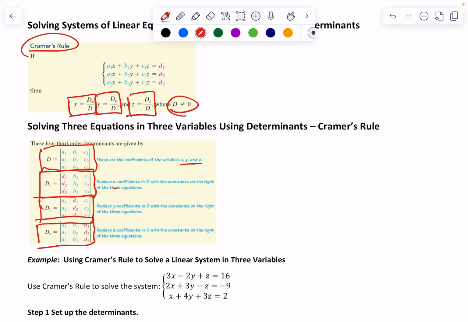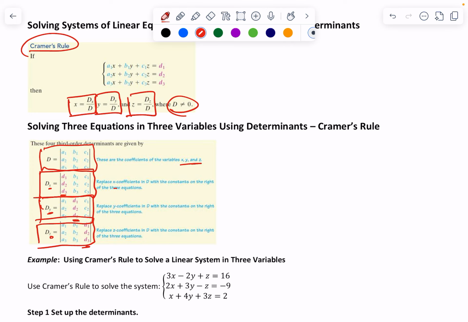So we are replacing the x coefficients for D sub x, the y coefficients for D sub y, and the z coefficients by the constants for D sub z.